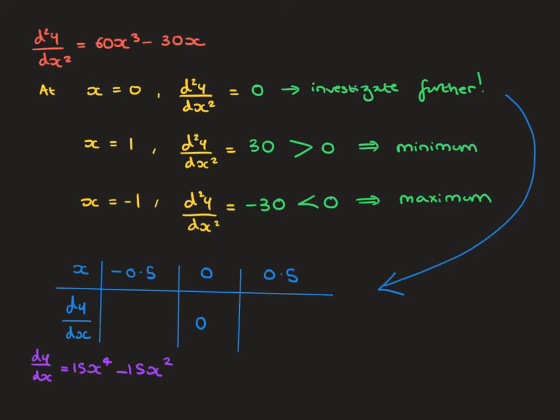And what did we discover? Well, at x equals negative 0.5, the first derivative is negative 2.8125, which of course is less than 0 or negative. At x equals 0.5, the first derivative is also negative 2.8125, so still negative, which means that we have the situation where we have a negative gradient, then we have a 0 gradient, then we have a negative gradient.